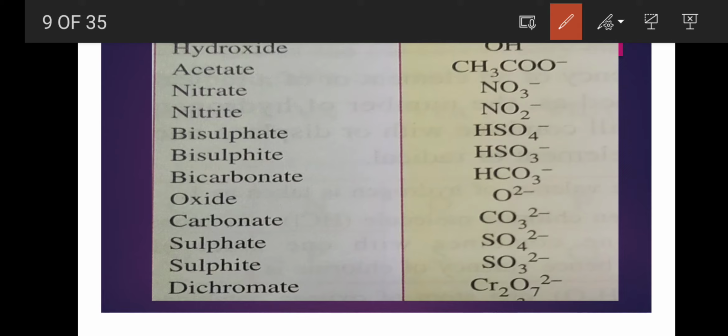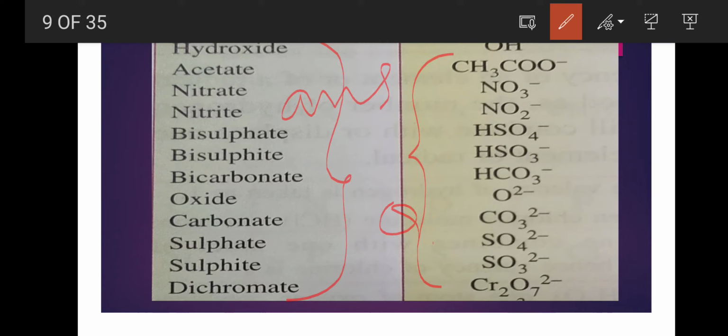Clear? So sometimes what happens? Sometimes the formula will be given as a part of the question, and you have to write the name as a part of the answer. Like if you get a question like CO3 2 minus, you have to name this radical. What is the name of this radical? Carbonate.